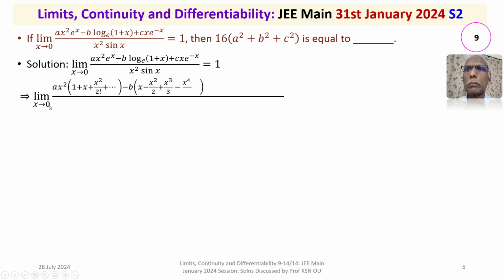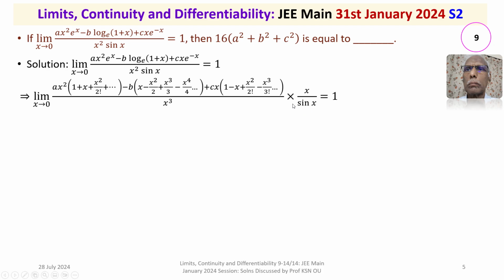So limit x tends to 0 of a x square into the Maclaurin's expansion of e power x minus b into the expansion of log of 1 plus x plus c x into the expansion of e power minus x. We have multiplied and divided by x, and thereby in the denominator you will get x cube multiplied by x by sin x. The sin x is adjusted here.